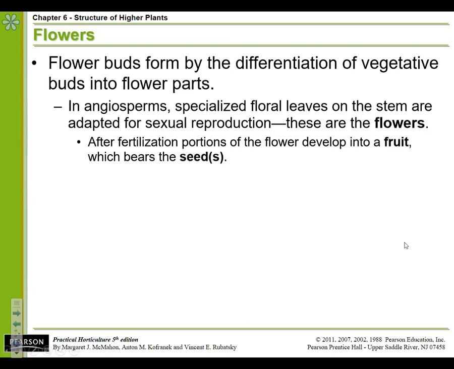So some of them are for the protection of the flower. Some of them are for just the actual sexual reproduction itself. Some of them are there to attract the pollinators. And remember, that's one of the big things why angiosperms are so successful through the coevolution of the flowering plants with insects.